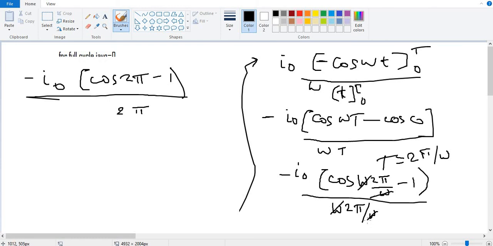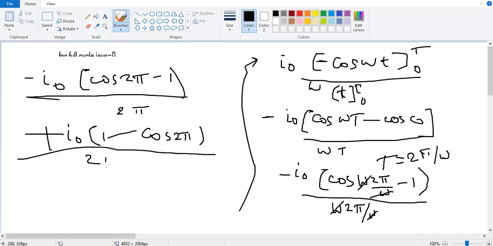Okay, 2 pi is fine. Now minus I naught. I will push the plus minus inside, so it will be 1 minus cos 2 pi, by 2 pi.